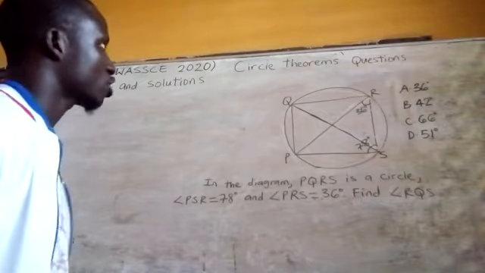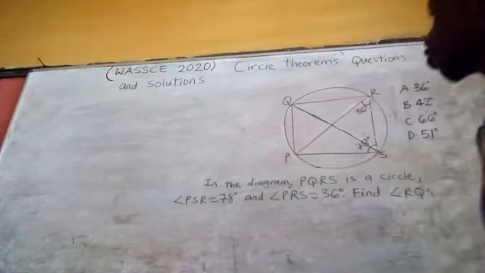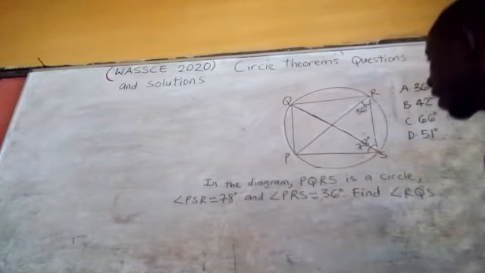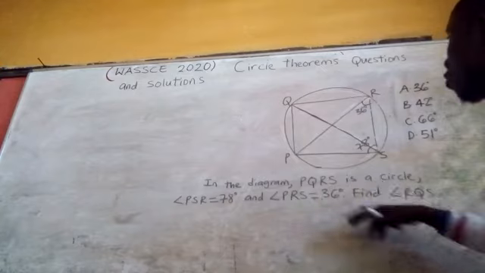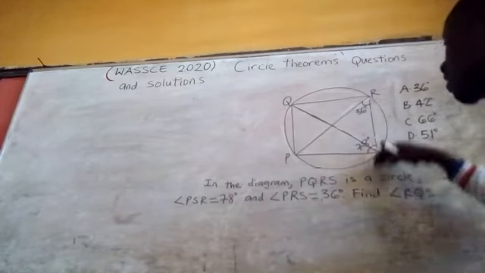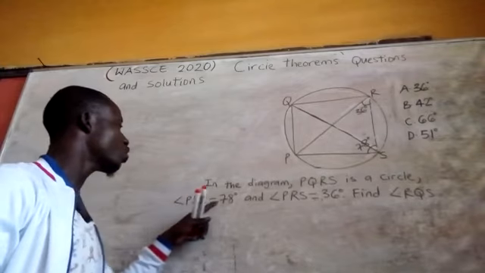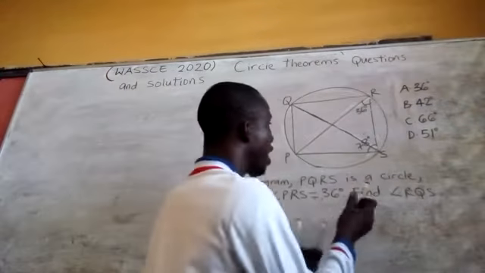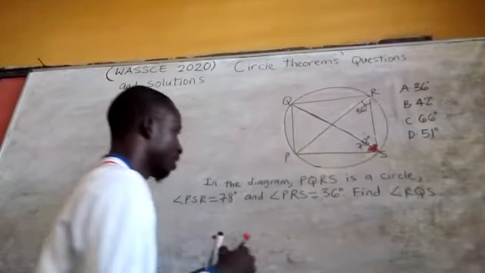Considering our last question, and this is our last question for today. So in the diagram, PQRS is a circle. Angle PSR equal to 78 degrees. So the angle here is given to us as 78 degrees.